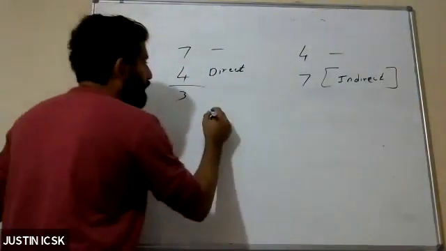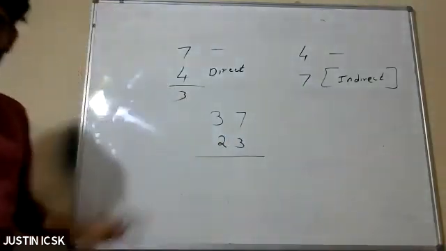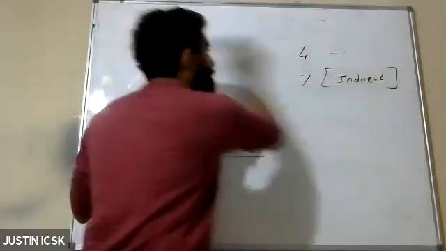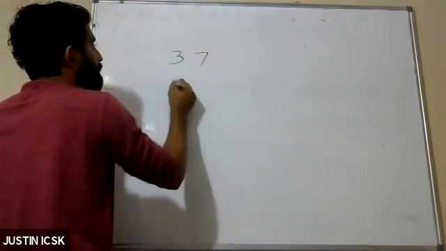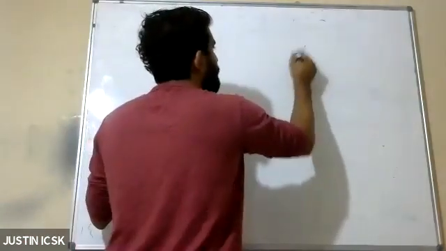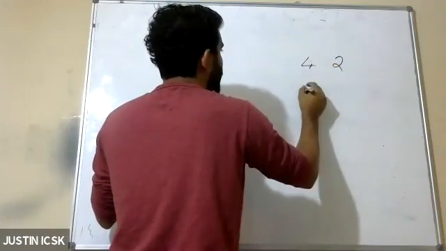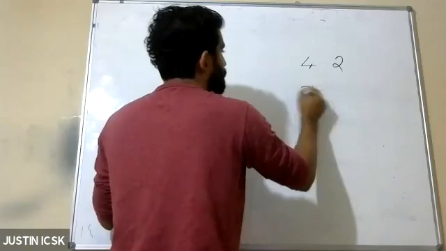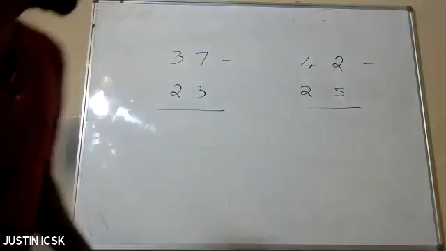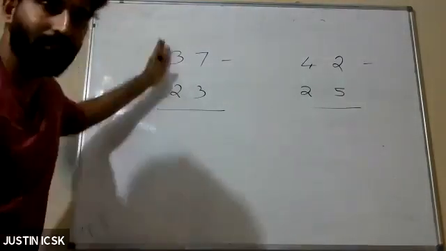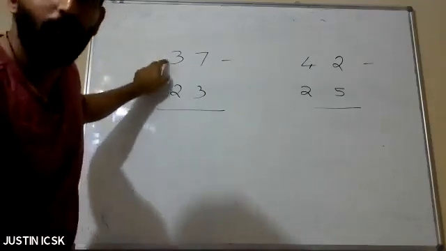So whenever I am subtracting, I start from left to right. 3 minus 2 is 1.